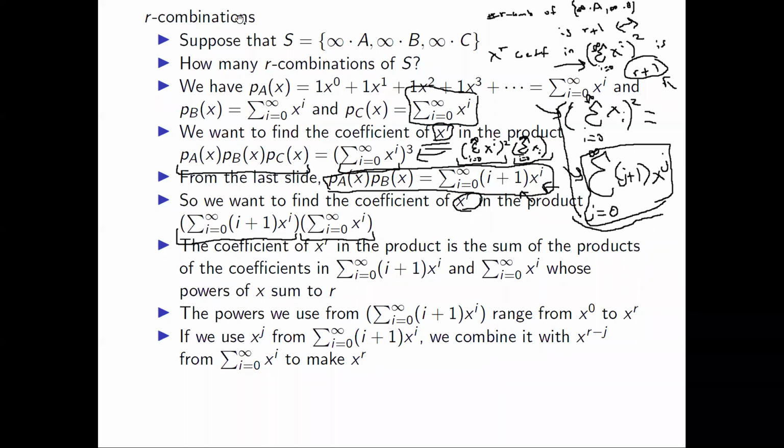So let's look at that in a little more detail, kind of like we did in the previous slide. So we'll write our two polynomials. Our first polynomial is this one, i equals 0 to infinity of i plus 1 times x to the i. Second polynomial will be this one, i equals 0 to infinity of just x to the i. And we'll write them like this.